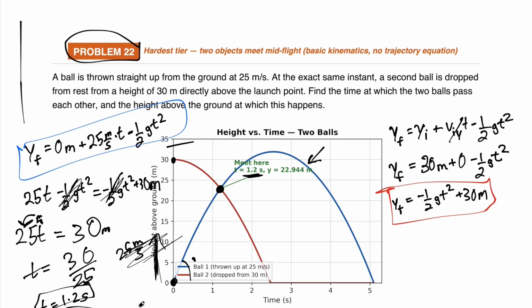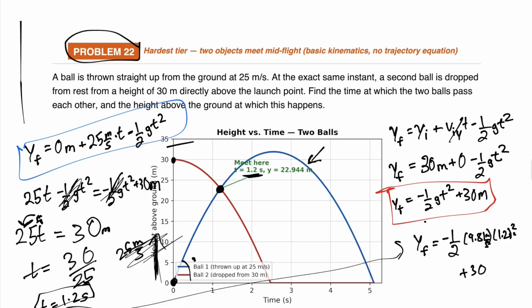Now, how do you find the final one? You just plug this time into any of these equations, because any of them will meet at the same point. So I think I'll plug it into this one. It looks a bit easier. YF is equal to negative 1/2, 9.81 times t squared, 1.2 squared, plus 30. So this meters per second squared here, and seconds squared here, so the units cancel out.